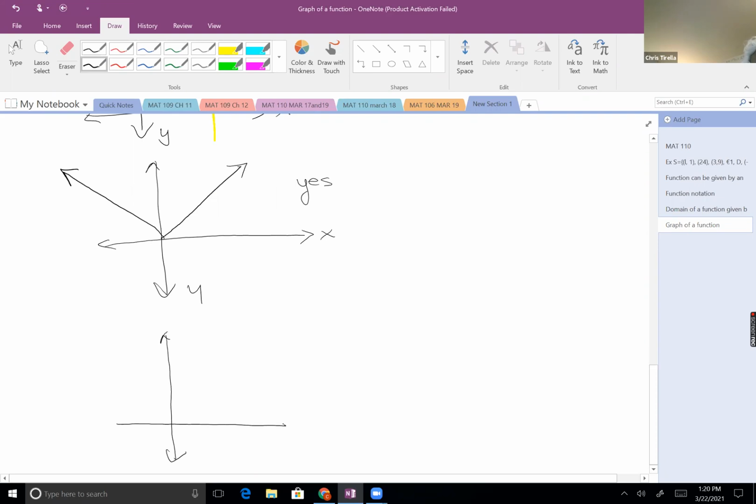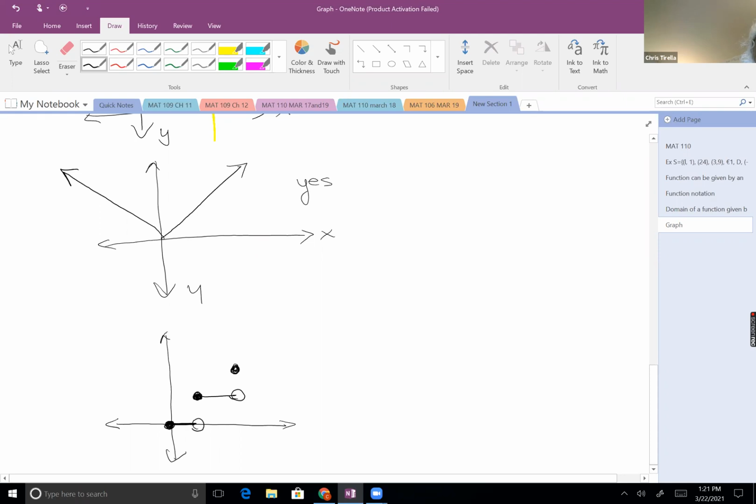Sometimes, and now I have to apologize, I don't remember if there are any of these in the textbook or not, but sometimes you see something that's called a step function, and it's called a step function because it looks like a set of stairs. We'll have this endpoint filled in, but then we'll have this endpoint open. And this one's filled in, and this one's open.